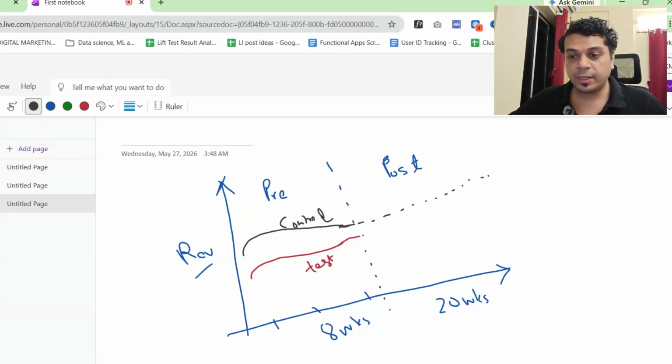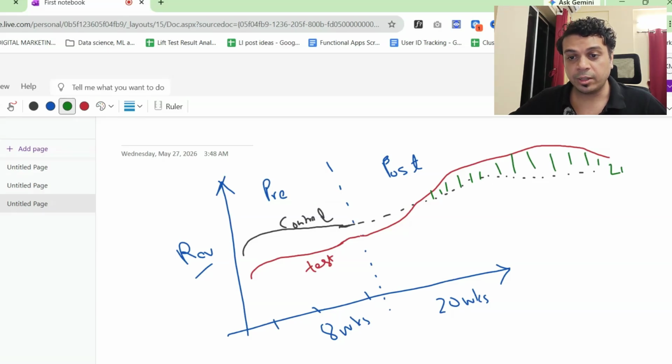And for them, let's say the counterfactual is something like this, whereas for the test region, it could be something like this, where it goes above and maintains a certain trajectory. So this difference that would exist, that I can mark by this thing here, that's your total lift. Basically, that's your total incremental lift.